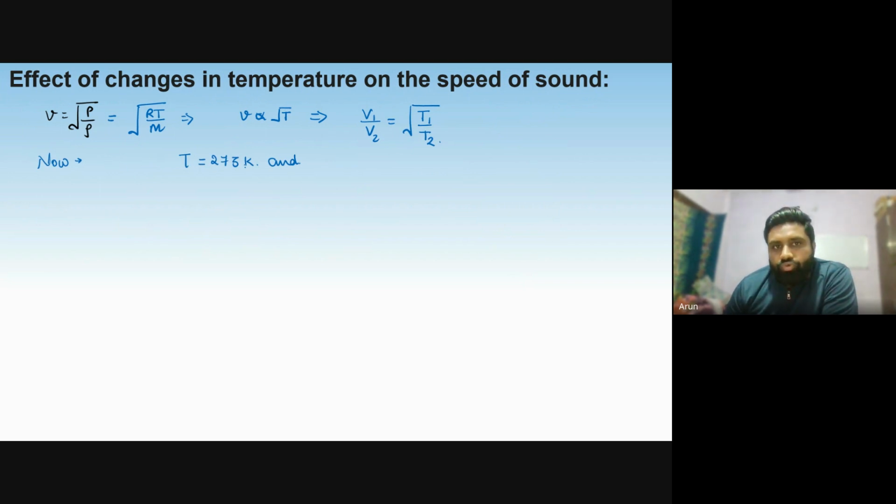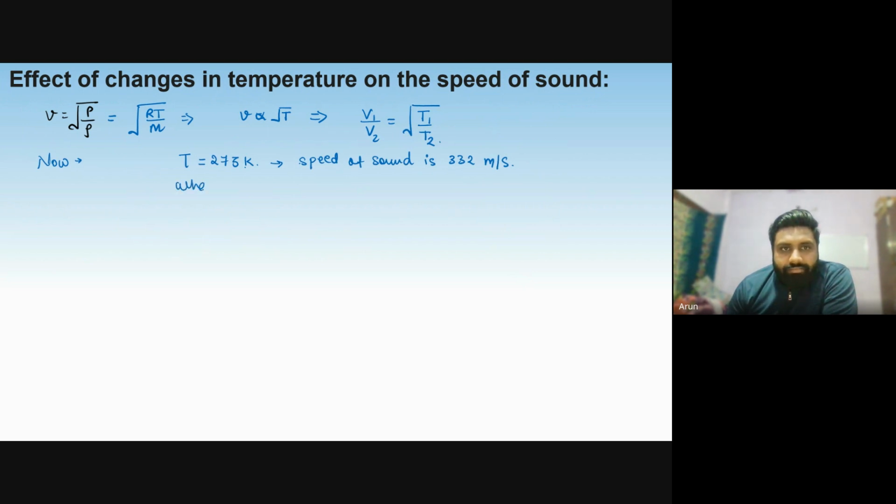At T equal to 273 Kelvin, the speed of sound is 332 meters per second.